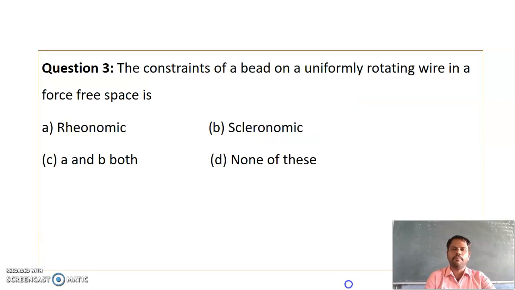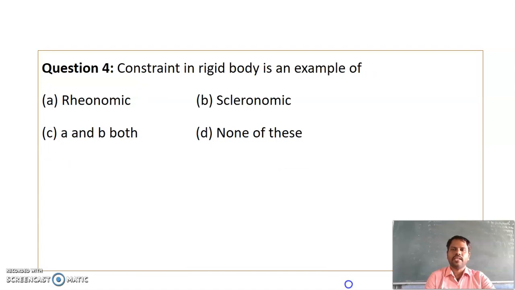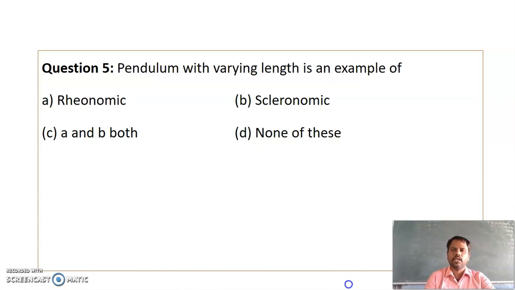Question 3. The constraint of a bead on a uniformly rotating wire in a force-free space is an example of rheonomic constraint. Question 4. Constraint in a rigid body is an example of scleronomic constraint. Question number 5.